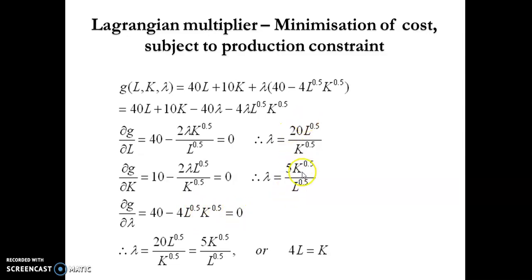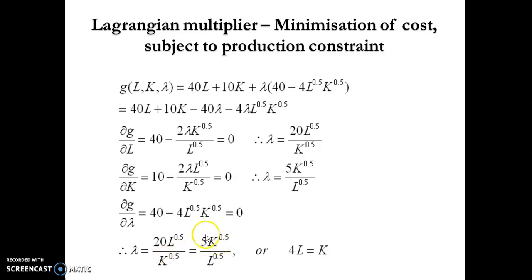Now, if I equate these two, right, as I've done here, I can set them equal to each other. You can now solve, and of course, this becomes 20L. Over here, you can add your exponents, so 0.5 plus 0.5 is just L to the power of 1, and you're going to have 5K, because here you would add your exponents, so you end up having 5K.